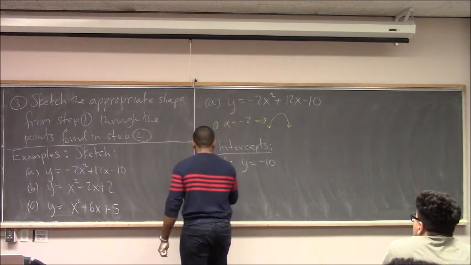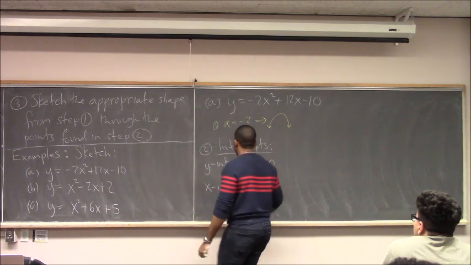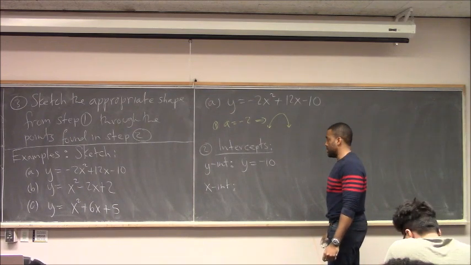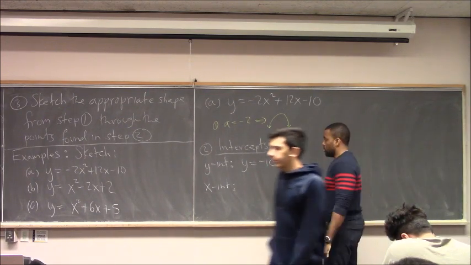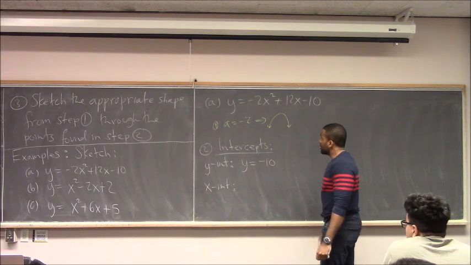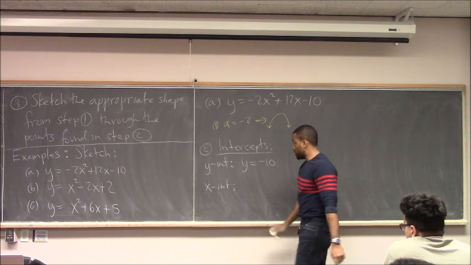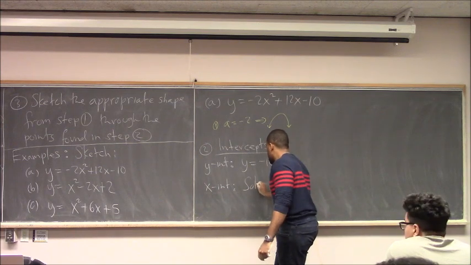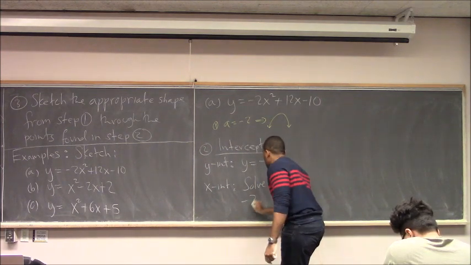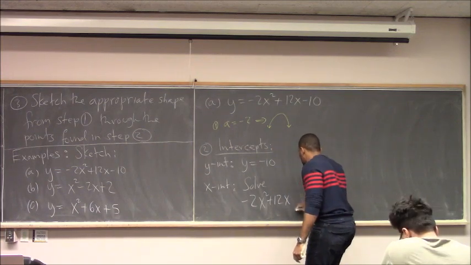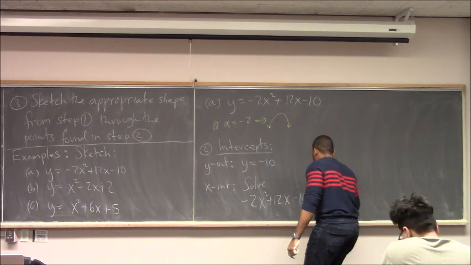What about the x-intercept? How would you find the x-intercept? Well, for x-intercept, you plug in y equals 0, and then you need to solve for x. So for the x-intercept, you need to solve minus 2x squared plus 12x minus 10 equals 0.